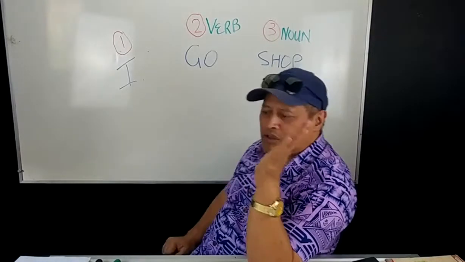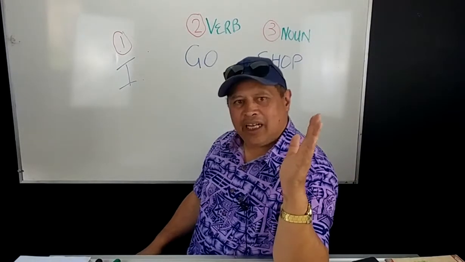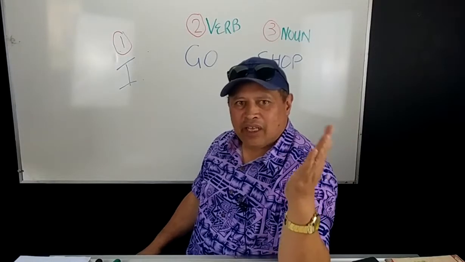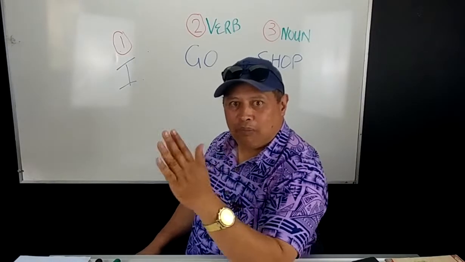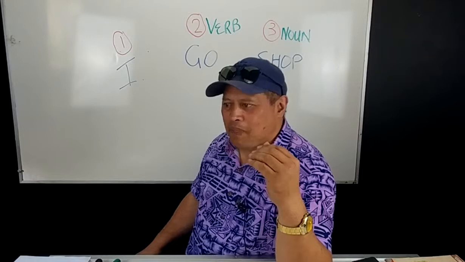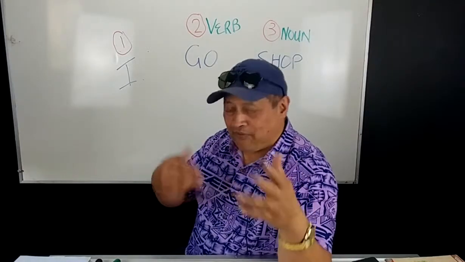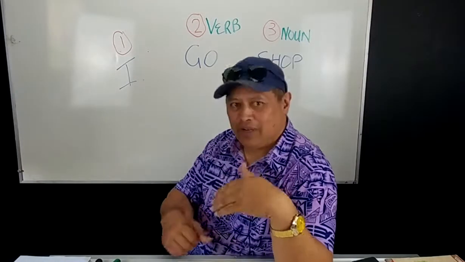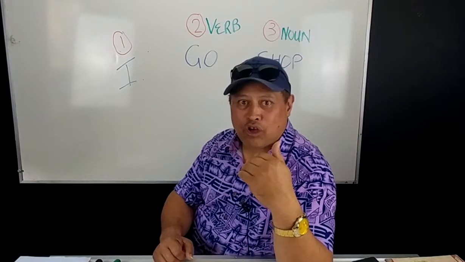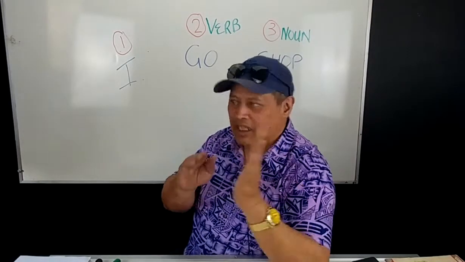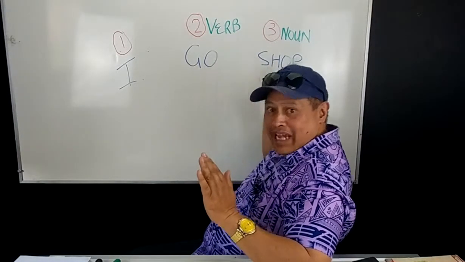So verbs are critical. Now, if you've ever heard a Chinese person who's no good at English, they go, "I go shop." They speak like that. Or even some of the freshies that come overseas, come home, they go, "I go post office." It's just I, verb, noun.